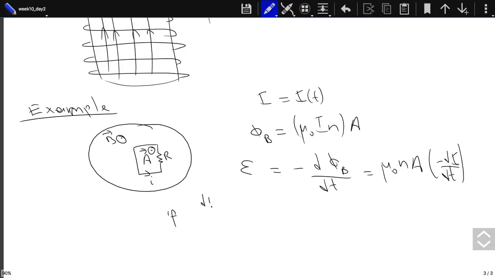If dI by dt is positive, epsilon is negative, which means I will be negative. That is, the current is running in the opposite direction. So although there is no battery in my circuit, due to this changing magnetic field, there should be a current in my circuit.